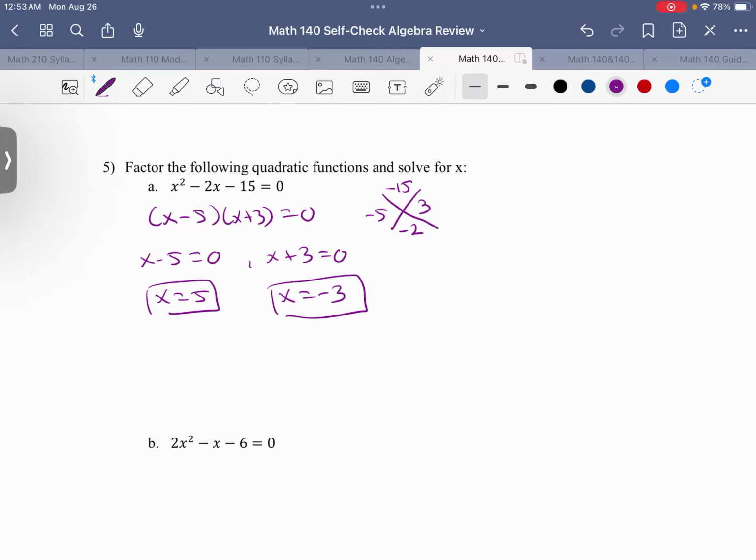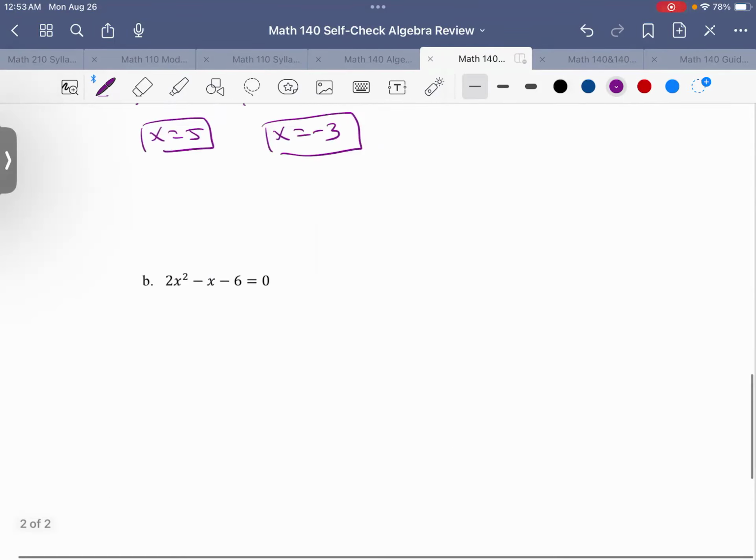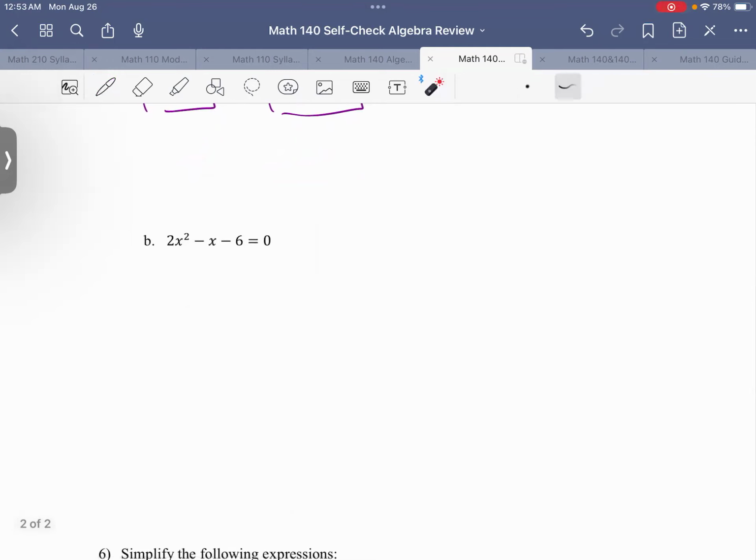Okay, great. Now let's move on to this factoring here. Remember, it's a little different because we have a number in front of the x squared component. So it's factoring, but a couple more steps. Same thing, I want to find two numbers that multiply to 2 times -6, so -12.